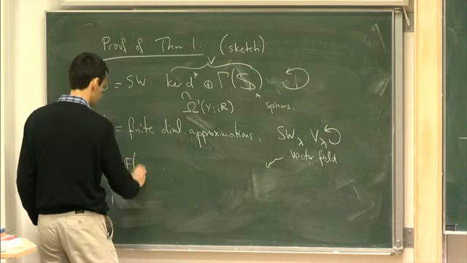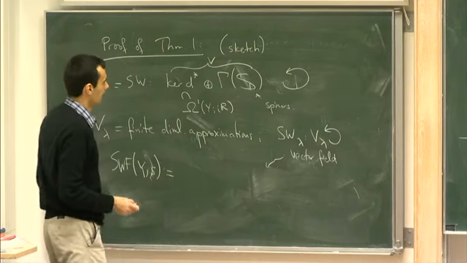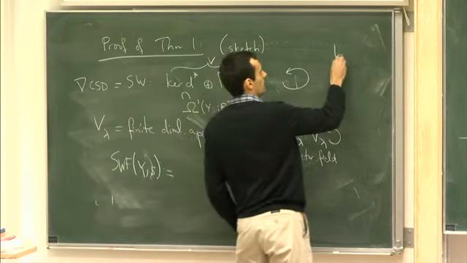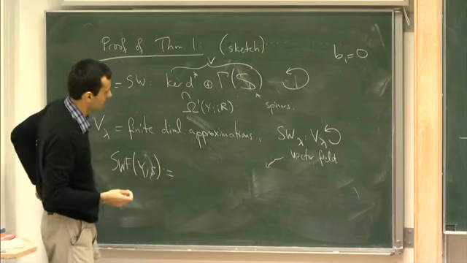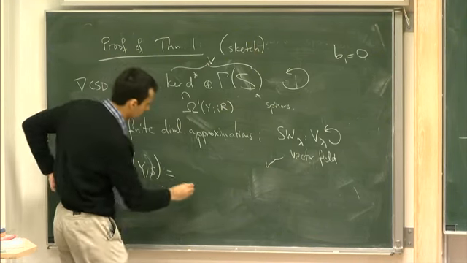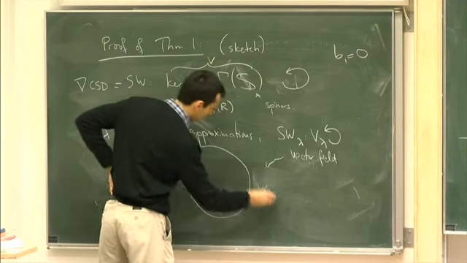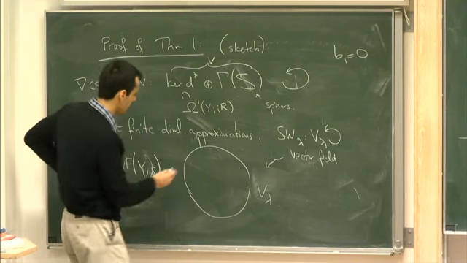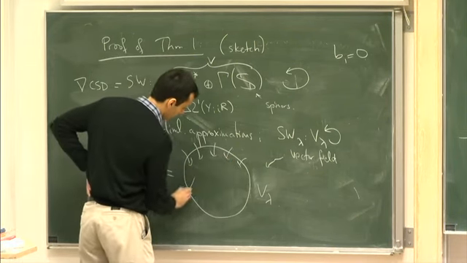And basically SWF of Y, by the way, this is all when b1 equals 0. That's when the construction is done. So what is it? You look at a large set inside V lambda, let's say a large ball, and you look at where the flow comes in and where the flow goes out.